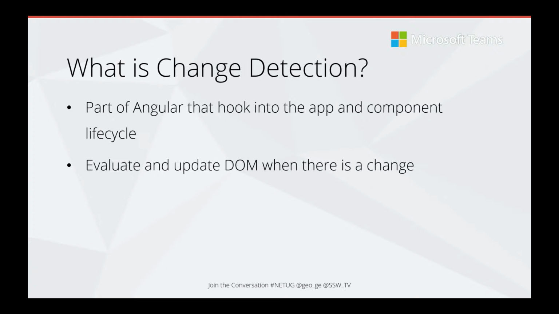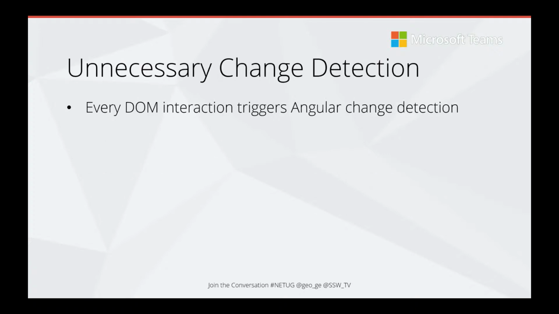It's good because if we don't have change detection, it's just not going to render anything. It's not going to change anything until you force refresh it or do something that you shouldn't do. And when we talk about unnecessary change detection, the reason I'm telling you that is every DOM interaction triggers Angular change detection.